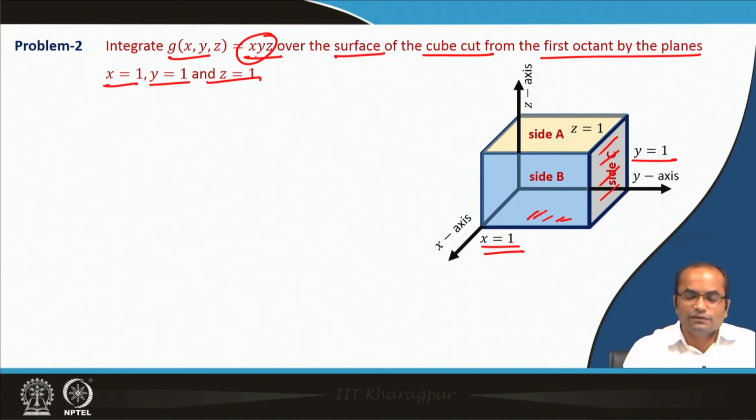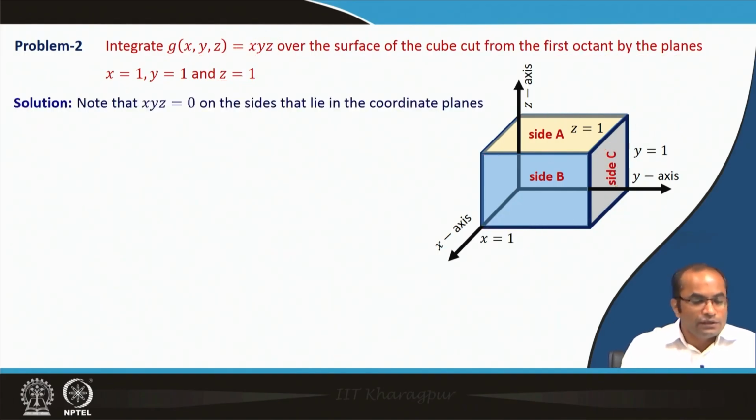So, finally, we will end up integrating only over these A, B, C, the 3 surfaces, where for instance, here x is 1, x is constant, and y, z will vary, of course. Similarly, on the top surface z is fixed, and x and y will vary. On this surface here, y is fixed, and x and z will vary.